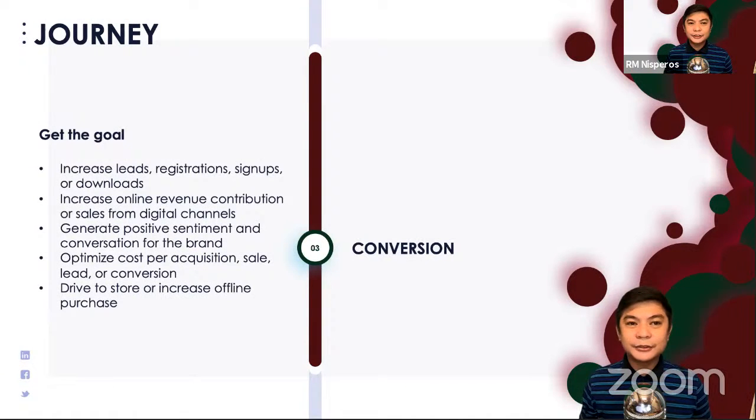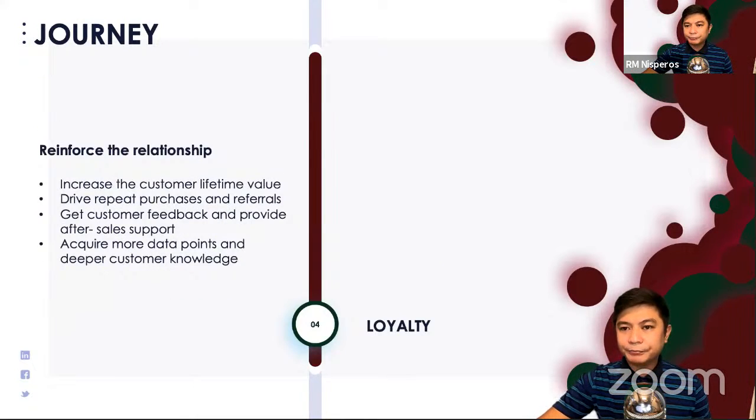You want to generate the most number of paying customers with respect to the budget you're spending for your marketing. So the more optimized, meaning the lesser cost per acquisition, the better. And then you can also drive offline traffic to your physical stores. You can do that in digital marketing.